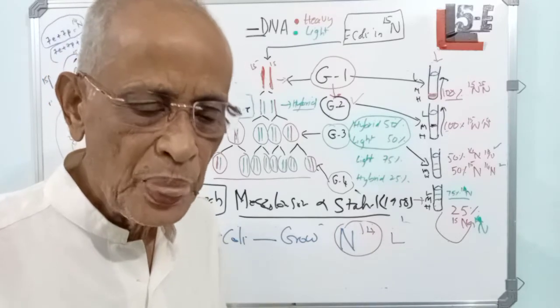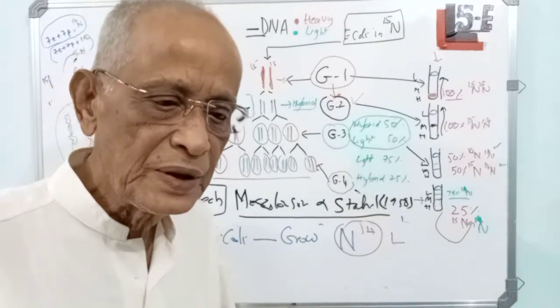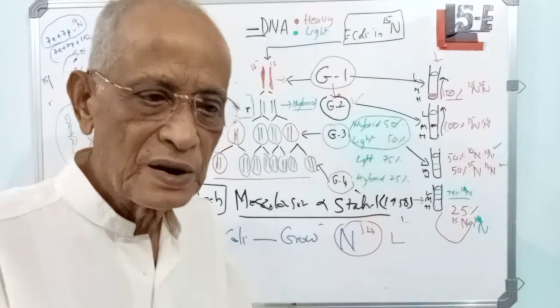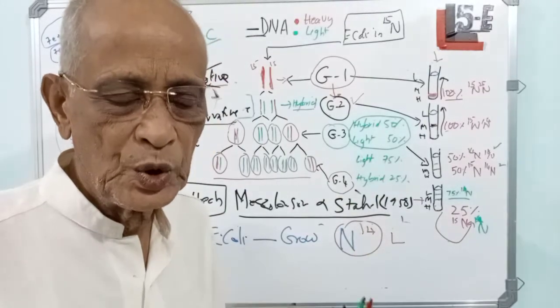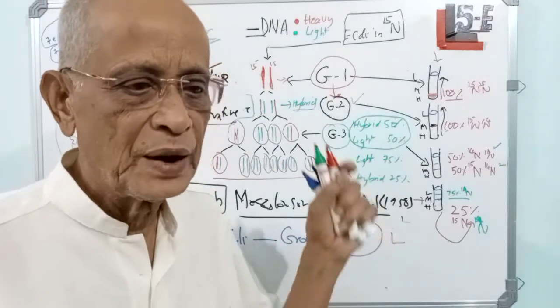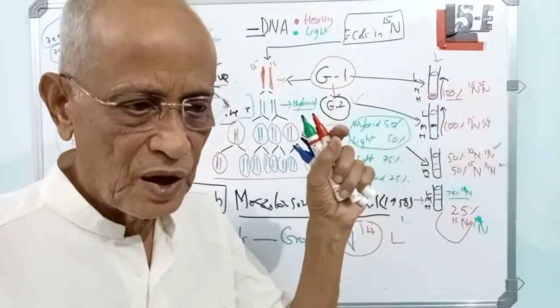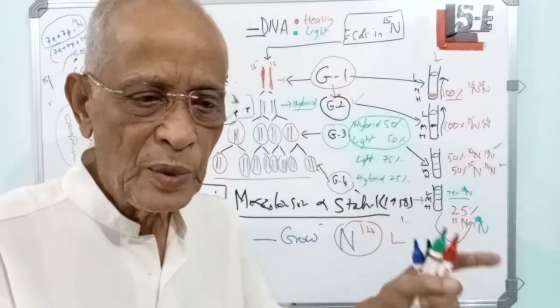Until today, scientists agree that it is only the semi-conservative model that operates in the replication of the DNA molecule. Because one human zygote, formed from a sperm cell from the father and an egg cell from the mother, each containing the haploid number, becomes diploid when they combine.